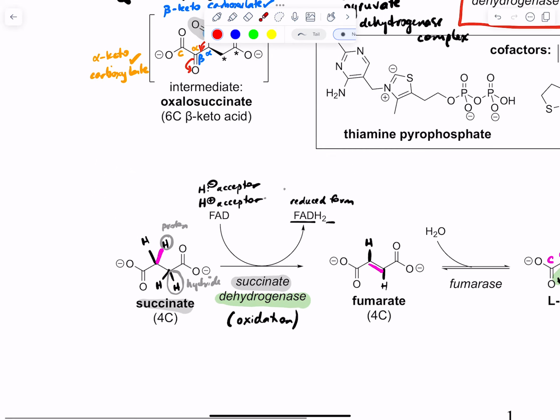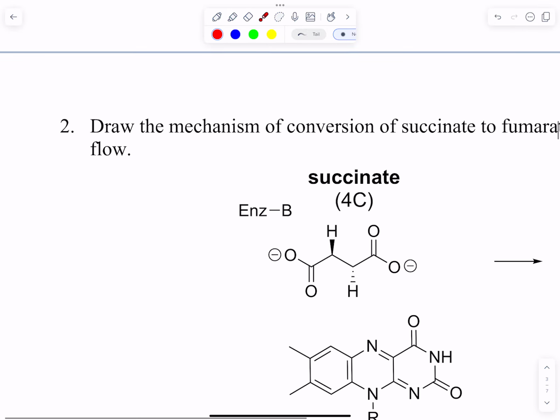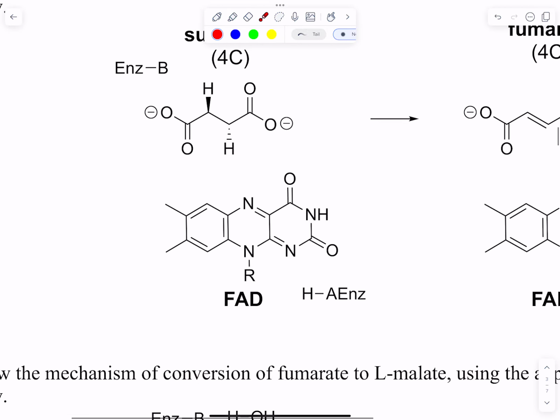So if you go to your quiz, I've drawn you the structure of FAD, only the part that matters. This part is called flavin, and it's part of riboflavin, which is vitamin B2.